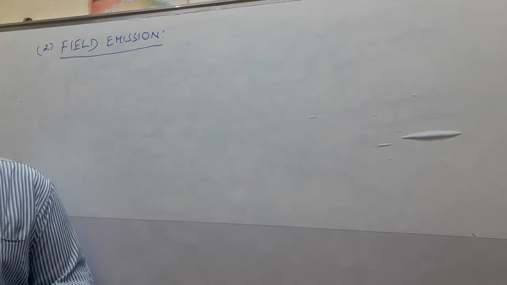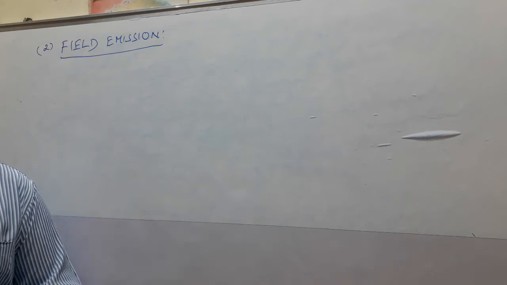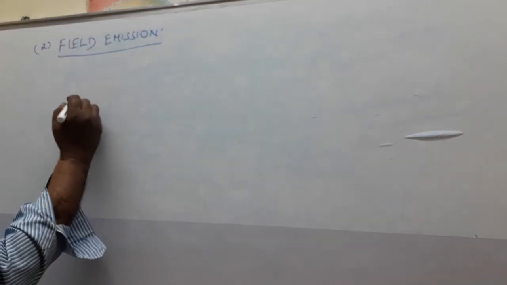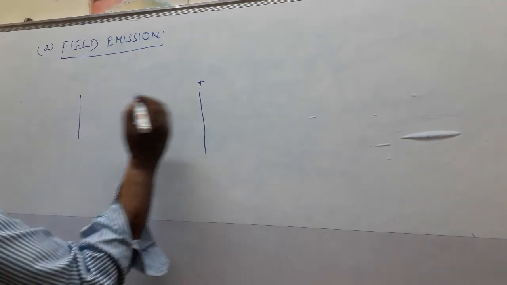Field emission is also a very simple process and simple experiment, but you have to keenly observe the concept. Don't memorize it. I already told you, don't memorize the concepts of physics. Field emission is nothing but, assume two plates like this. One is positively charged and the other is negatively charged.